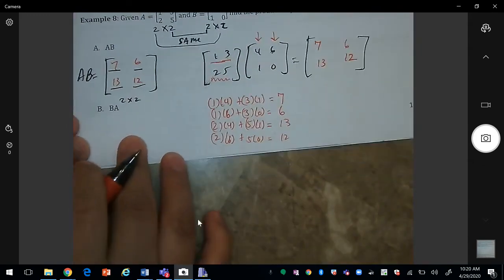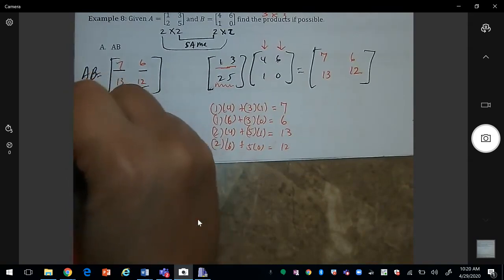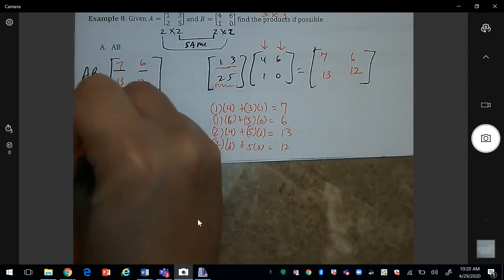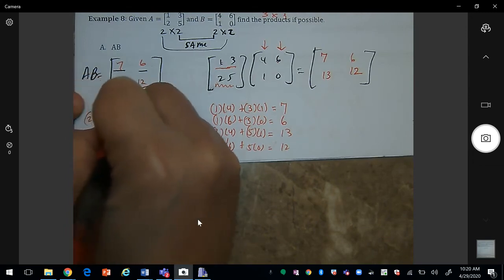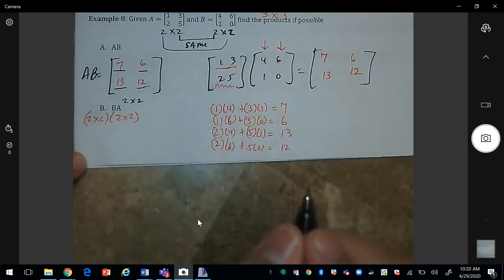Okay, so the next one, B times A. We check the order, so this is a 2 by 2 times a 2 by 2. So yes, we can multiply.